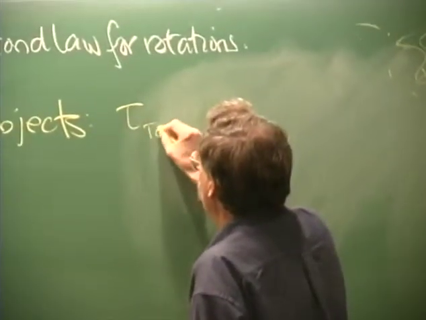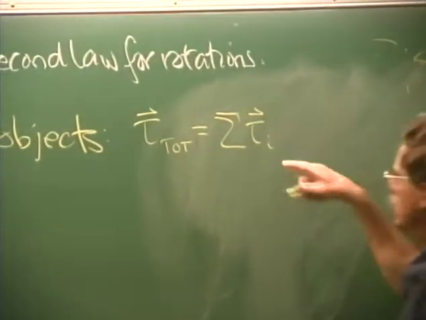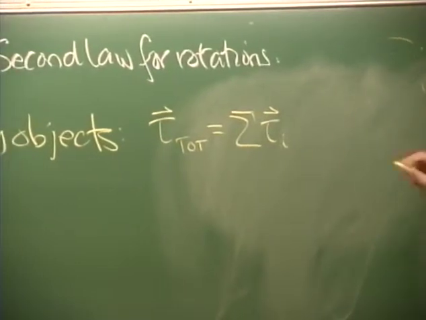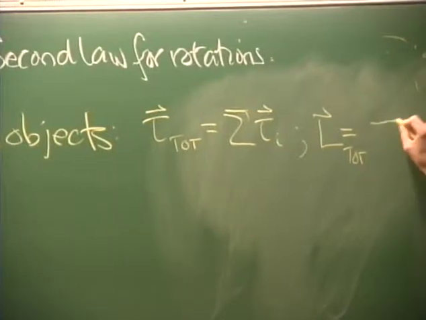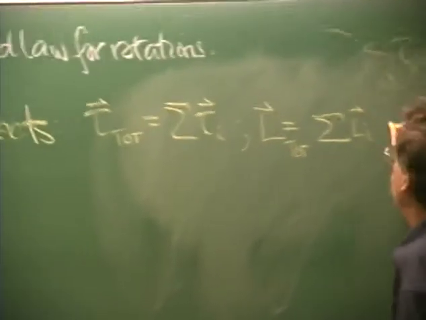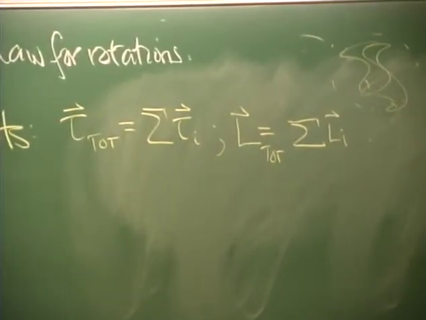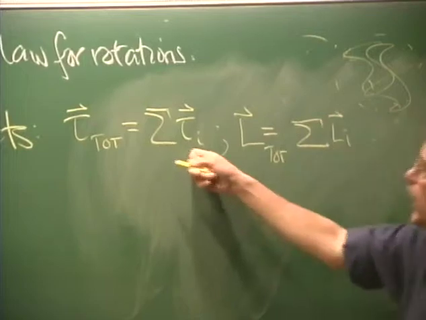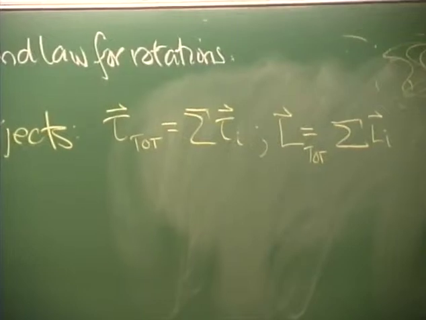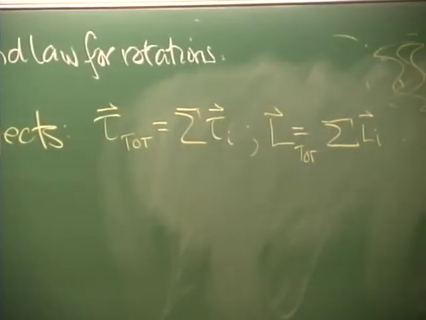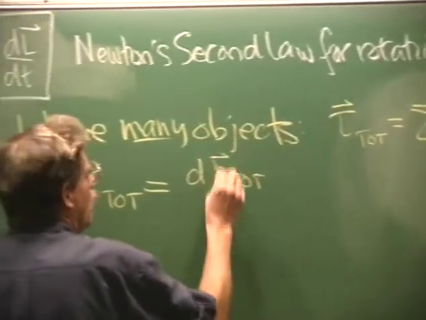Let tau total equal the sum of tau i, the sum of the torques on each of the bees separately, and L total is the sum of the angular momenta of all the bees considered separately. Because each tau i is equal to dL_i/dt, it follows that tau total, adding them all up, is dL total/dt.